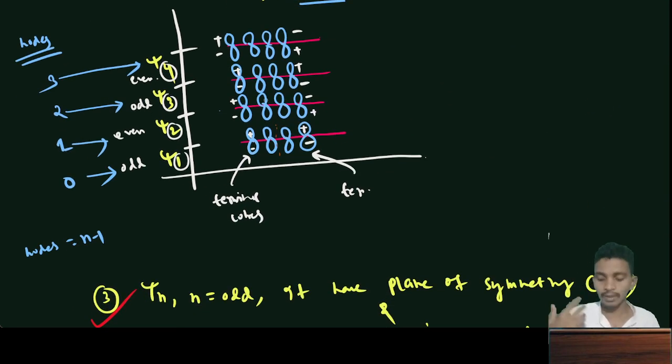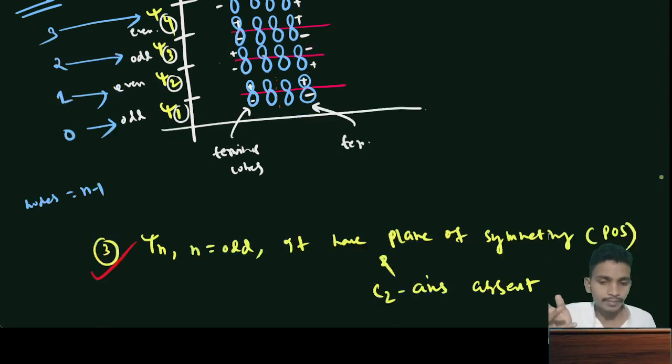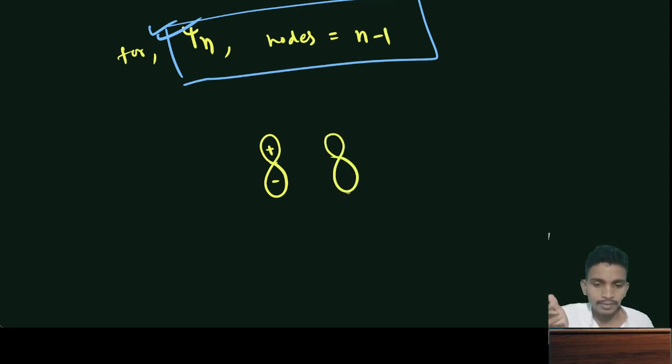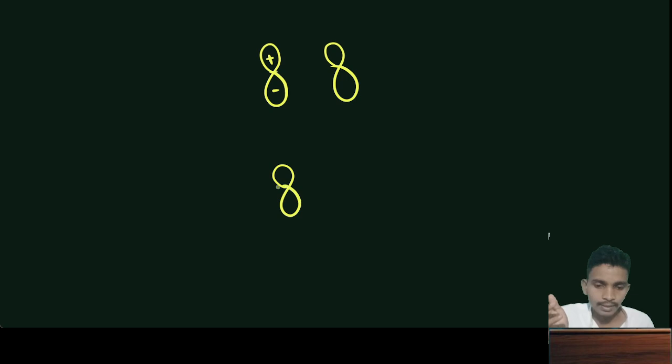Okay, so now here we have to make the nodes. Also one thing, how do we identify these nodes? Let's say this is one p orbital, this is positive and this is negative. Another is, let's say, these orbitals.